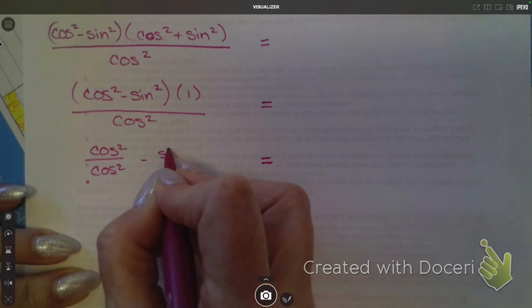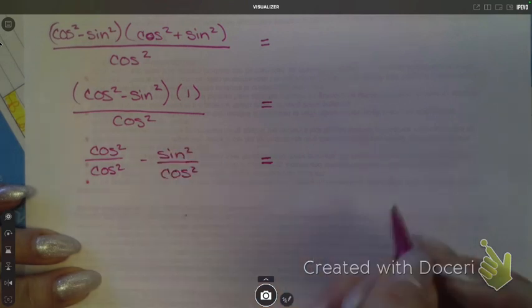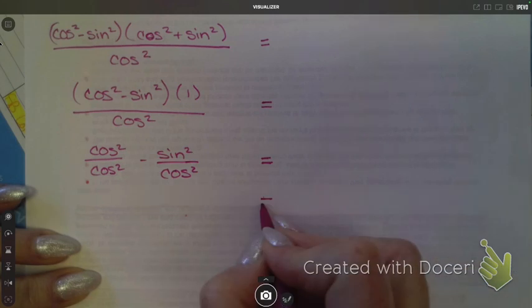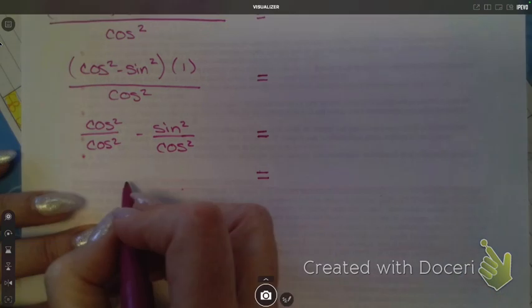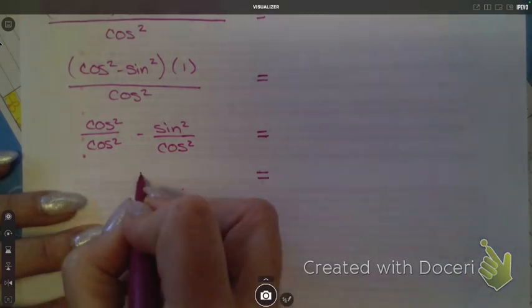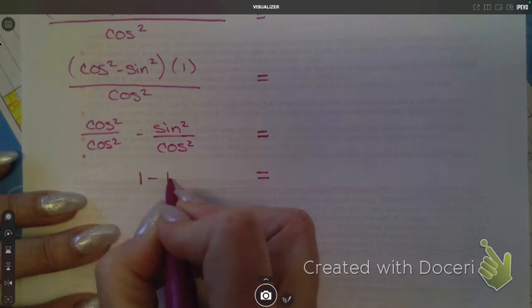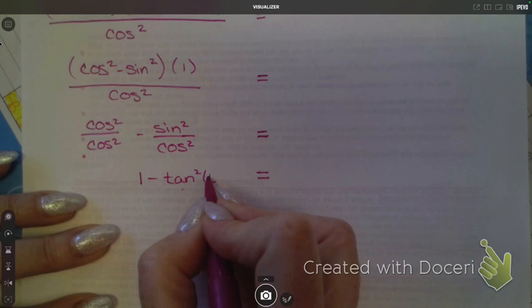Are we getting close to what we want? Yes. What's cosine squared over cosine squared? 1. 1 minus tangent squared. Yeah. So then 1 minus tangent squared. I have t. Now we have to put back our t's. And our box.